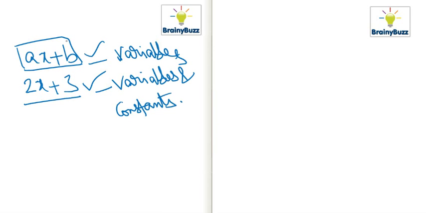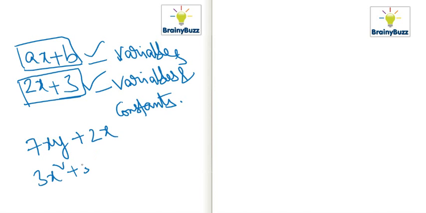Now this is known as an expression. Example, 7xy plus 2x and 3x square plus 5x or 5y and so on. These are the expressions.